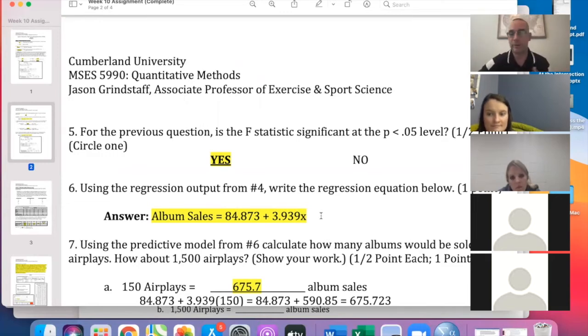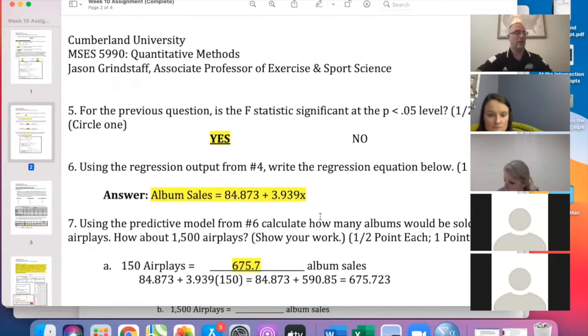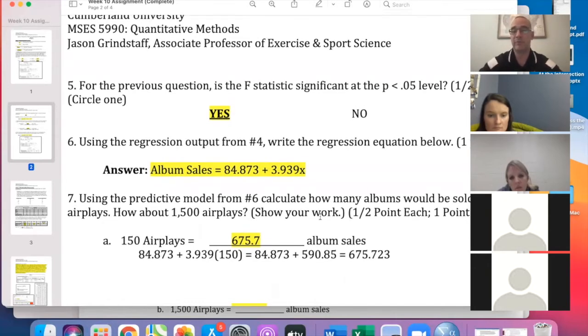So maybe it was 3.2 Y or X or whatever that second independent variable was. For the sake of simplicity, for this week, for this question, we were just using 1 independent variable, but we'll get into example problems where you'll have multiple independent or predictor variables.